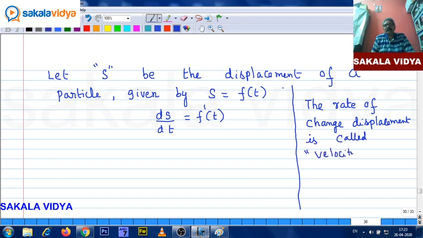I will not go into details about physics, because this topic is related to the physics chapter. The rate of change of displacement is called velocity. You know the velocity is denoted by the letter v. Now you can write v is equal to ds by dt. Similarly, now you can find the rate of change of velocity also.